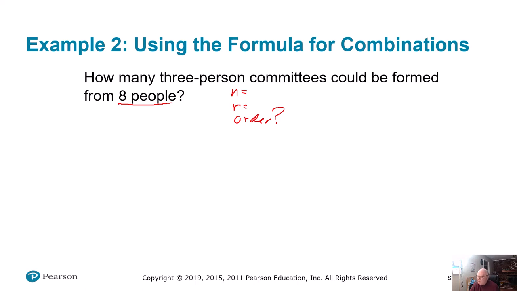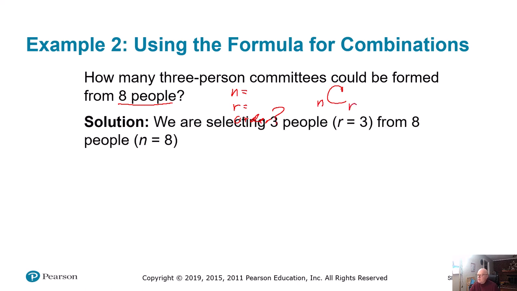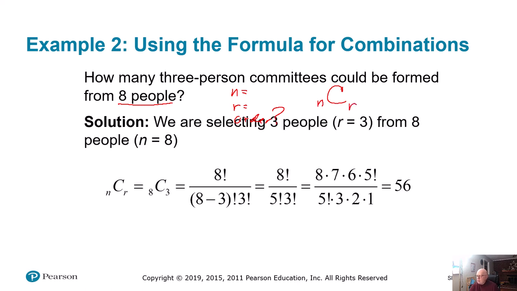You're talking about a combination of n items, taken r at a time. There's our formula, and we've got 56 different ways we can select 3-person committees from 8 people.